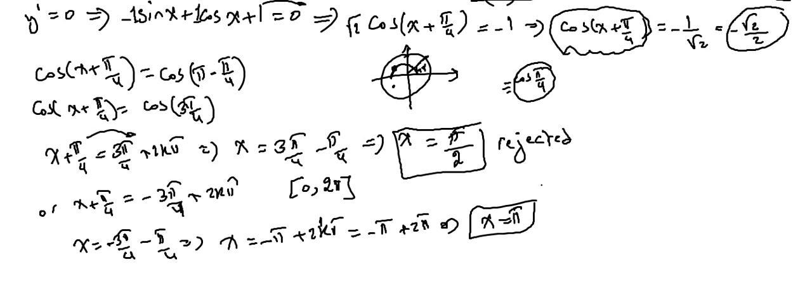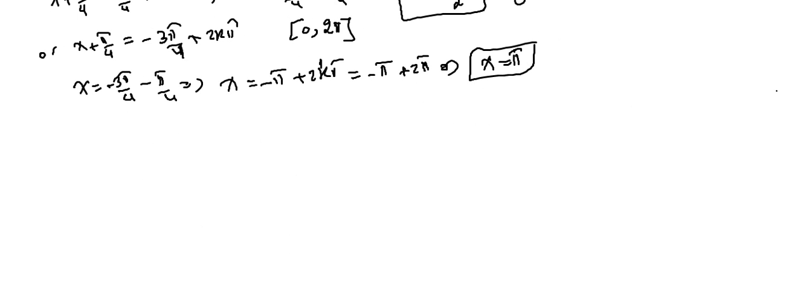X equals pi. Now, what do I have to continue with? I have to continue doing the table of variation. This is the only value I got from derivative equals 0. Let's do the table of variation. The table of variation is for x from 0 to 2 pi.